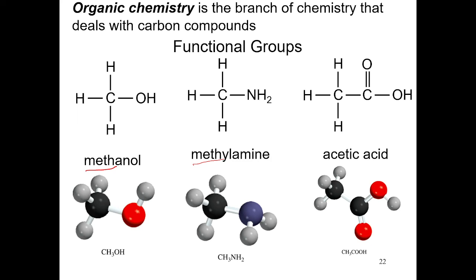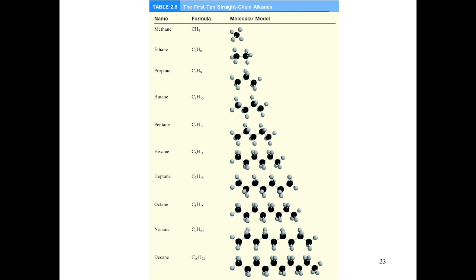So in that, the basics actually, in organic chemistry, the names of the compounds are usually based on the number of carbons in the main chain. We will be talking about that later on next semester. Here are some examples of straight chain alkanes.